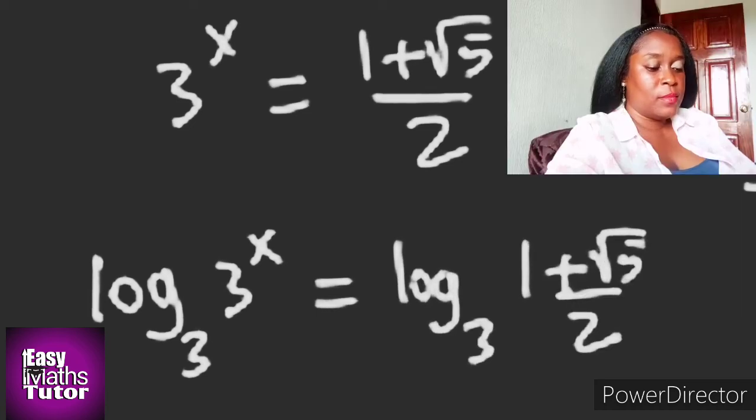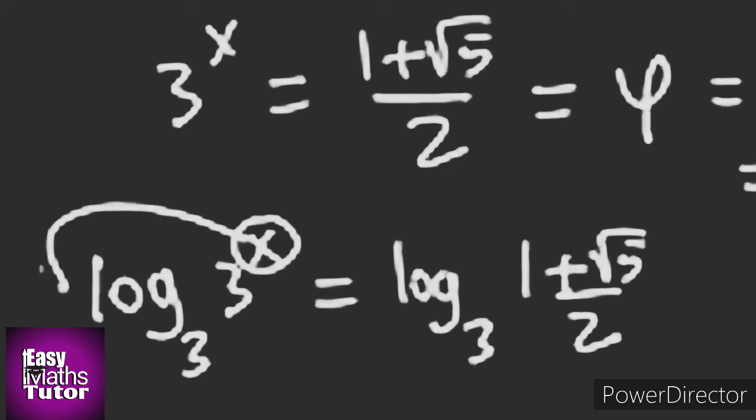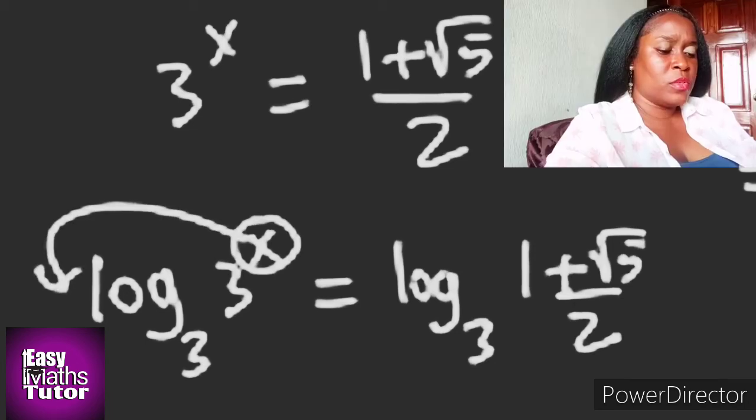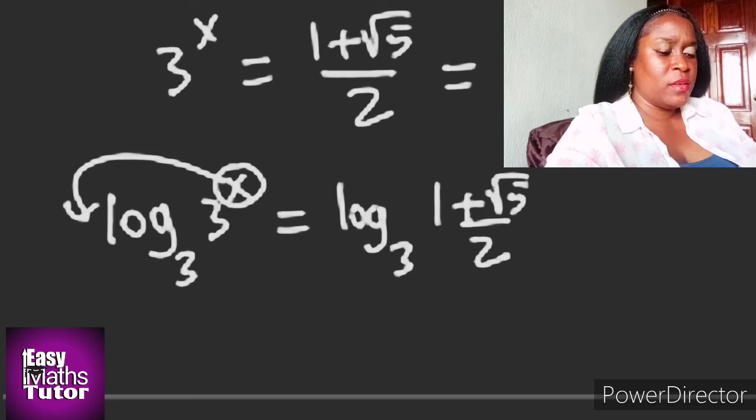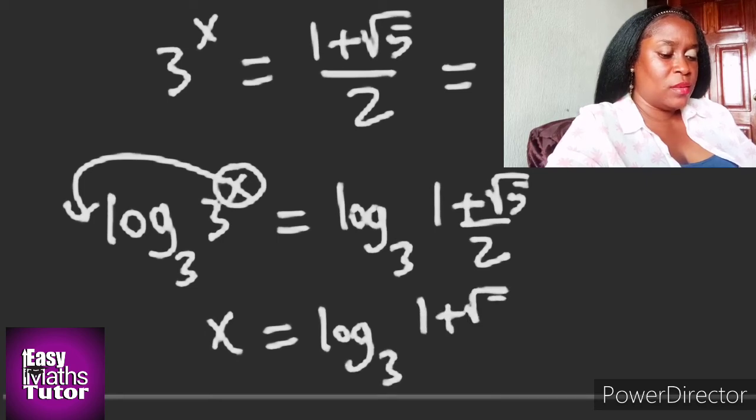So, the power x of 3 is going to come to the side, giving us x equal to log base 3 of 1 plus root 5 over 2.